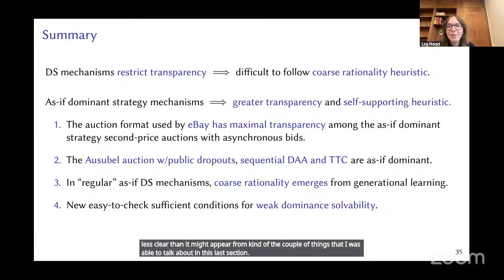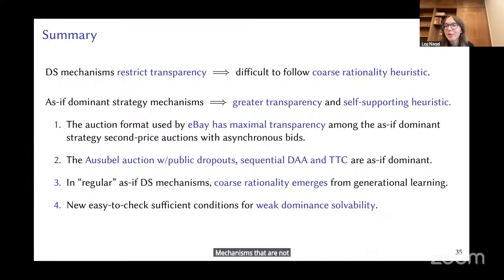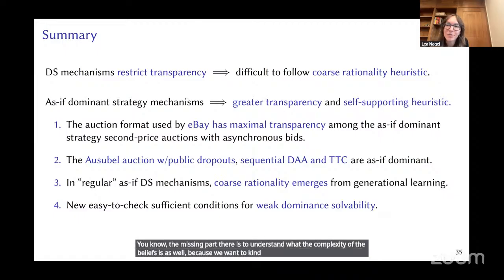Now, more generally, if you're thinking about mechanisms that are not dominant strategy, that only have, for example, a Bayes-Nash equilibrium, we think that is a very interesting next step to think about. However, the missing part there is to understand what the complexity of the beliefs is as well, because we want to make it simpler for agents to behave optimally. And information in general is going to require you to update your beliefs, which is a very hard task.